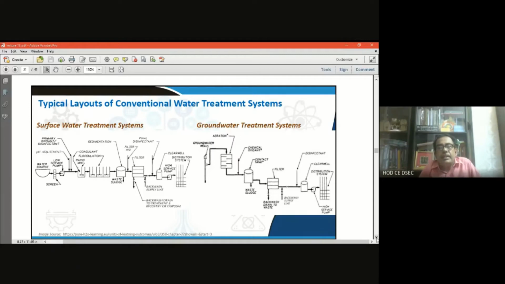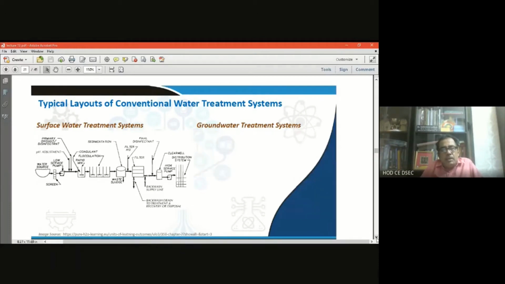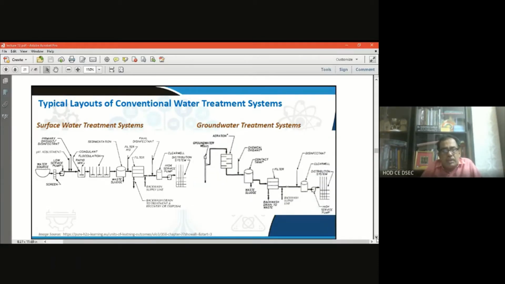Now after the aeration, you see the contact basin, that is the sedimentation tank. But here I have not shown the coagulation formulation because this is not a surface water. As this is a groundwater, it is not so turbid like the surface water, so there is no need for coagulation. Simply, if we provide the sedimentation basin, then by physical gravity separation, the particles will be settled. And filtration is a common process in both the surface water and the groundwater.